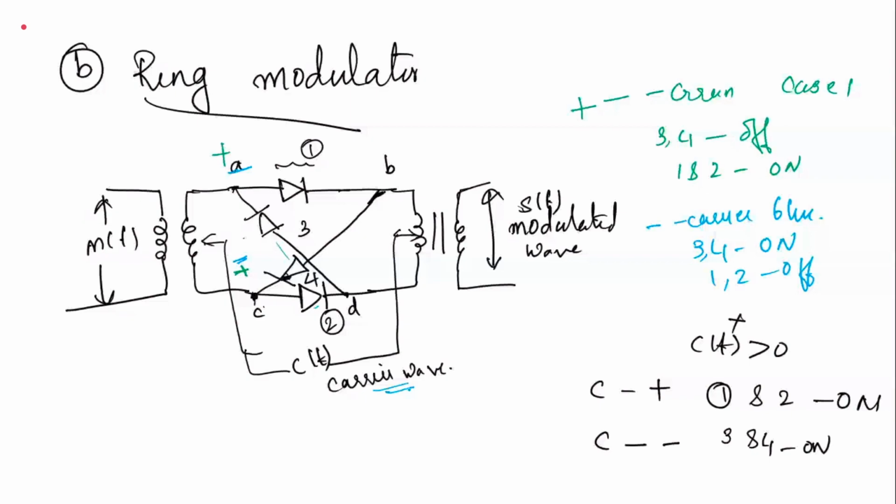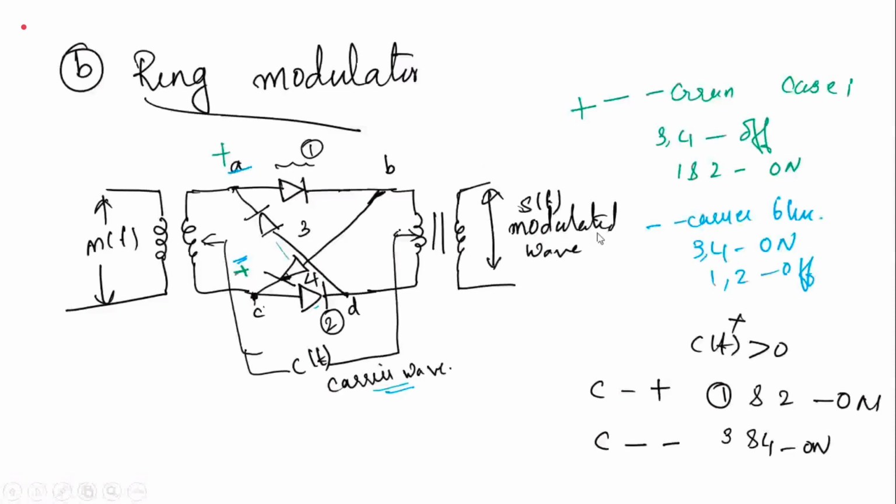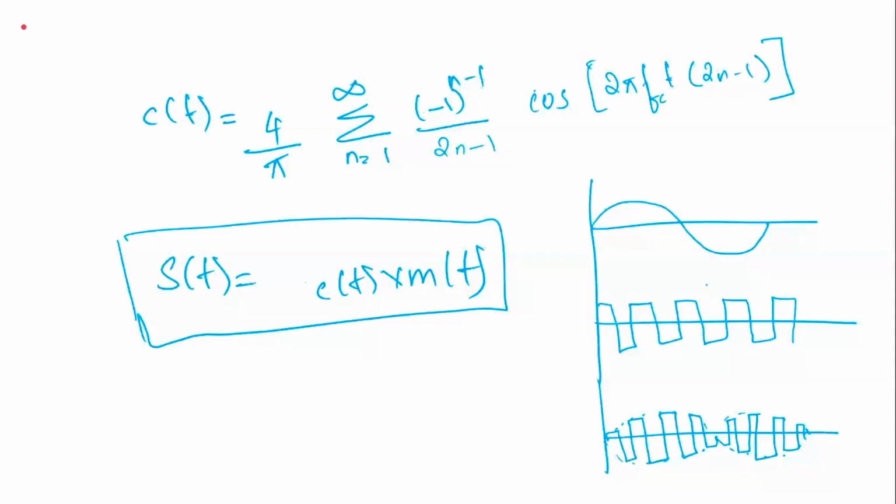And this is the Fourier series expansion of that carrier signal, the same square wave expanded using Fourier series. This is the expression. And this circuit allows you to multiply because the diodes are getting on and off in each of the cycles. The output you are going to get is c(t) into m(t). So that is how you generate a DSB-SC signal, either using a balanced modulator or a ring modulator.